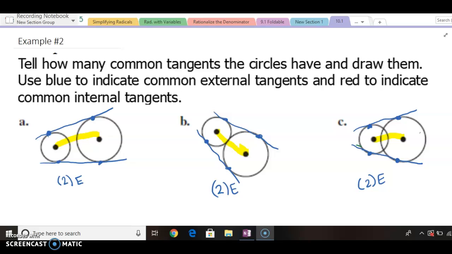All right, now let's look at common internal tangents, okay? So common internal tangents will pass through this yellow line. So if I look at this, it's going to be hard for me to draw in here. Let's try that again.